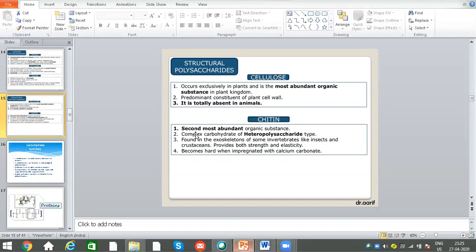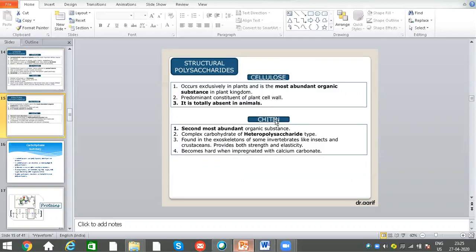Chitin is the second most abundant organic substance, and it comes under heteropolysaccharides. Chitin is present especially in invertebrates that have an exoskeleton, like insects and crustaceans.